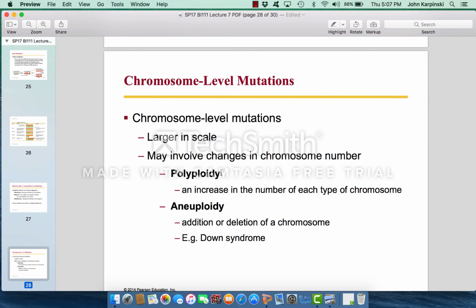Polyploidy is not something that commonly occurs in humans, but it involves an increase in the number of each type of chromosome. We as humans, for example, have 46 chromosomes, and we say that we're diploid because we have 23 unique chromosomes, but since we receive a set from each of our parents, that's 23 times 2, giving a total of 46.